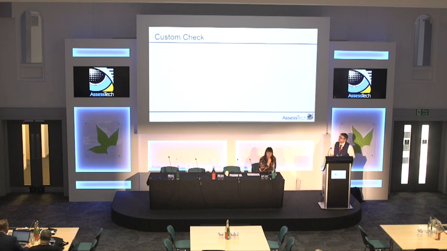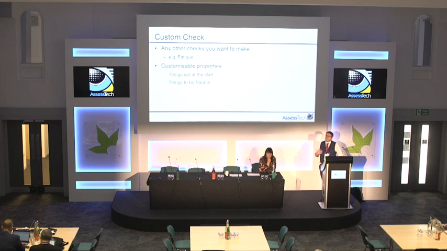Coming as part of 5.2, we have what we call custom checks. So this is about other kinds of check, things like fatigue and attendance at safety briefings. They have customizable properties. So this is about gathering a little bit more evidence while you're out and about. It's things that you can set at the start, maybe to be entered by an administrator.